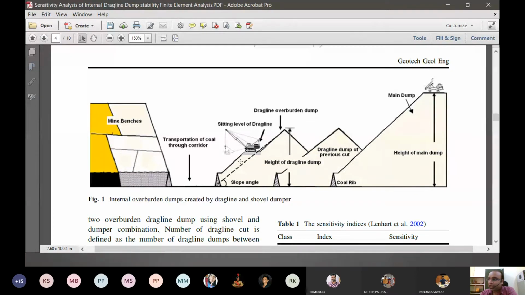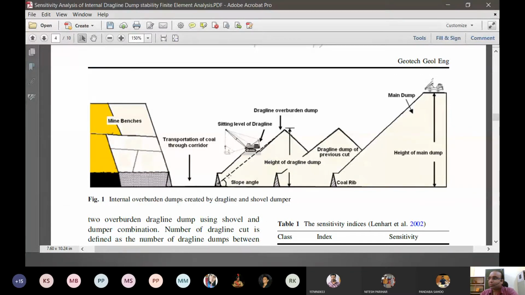Even the impact of this whole dump failure was so much that the coal rib that failed actually got crushed into the other side, and a significant amount of time was taken by the authorities to understand what happened and where the coal rib went.